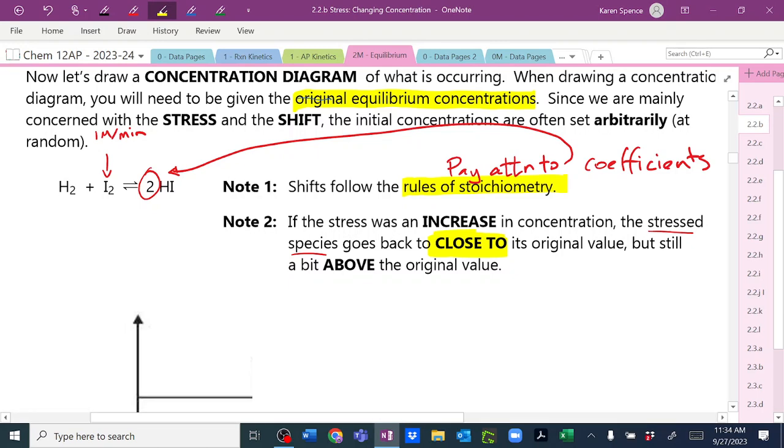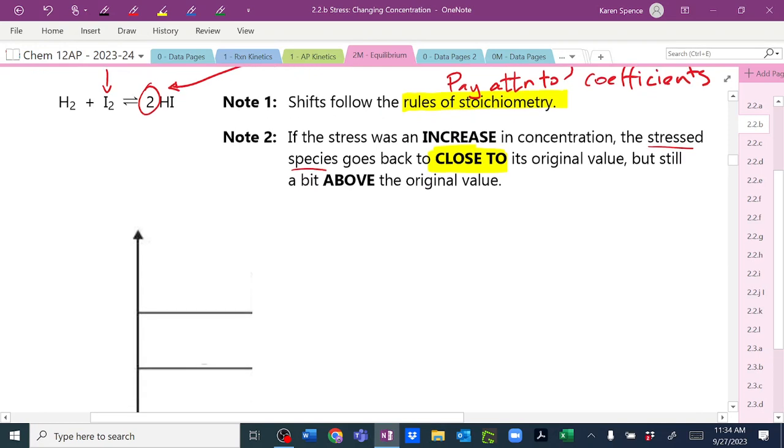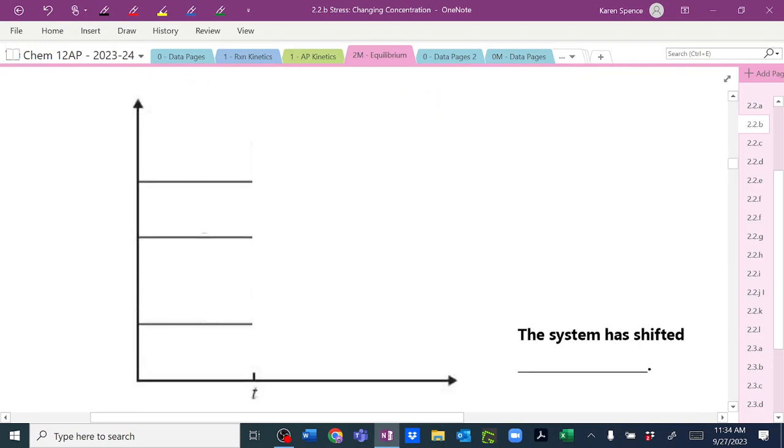So let's see what that looks like. So we added some, we have H2, we got some I2, we got some HI.